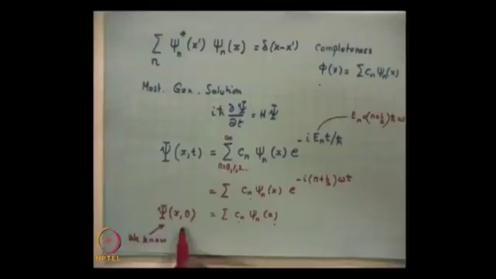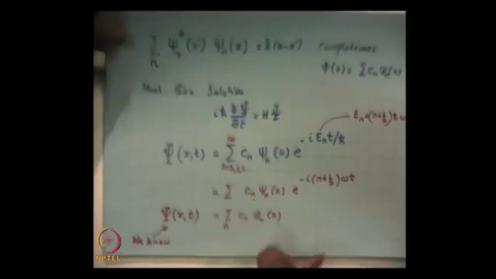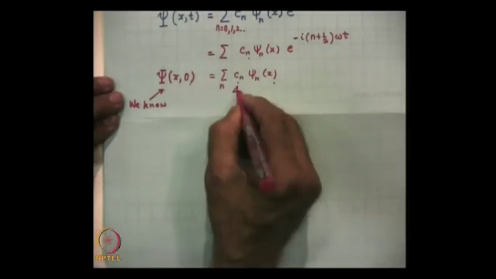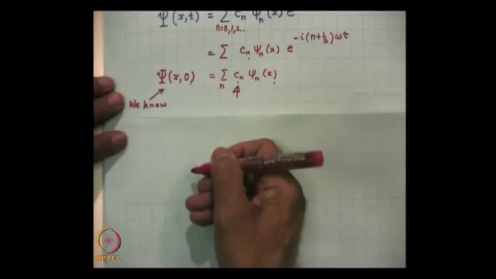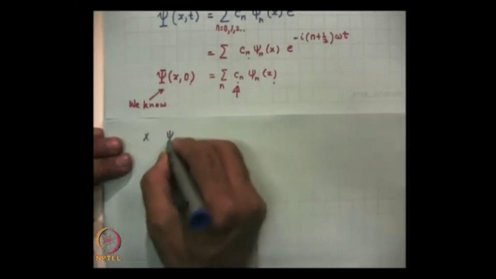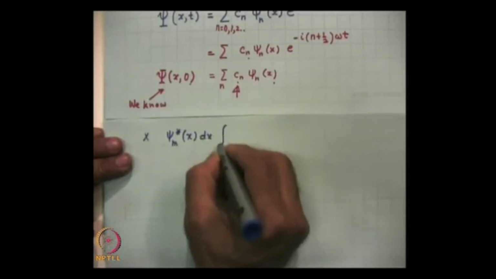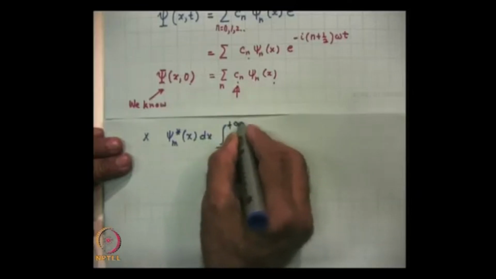So, I come back to this equation, and I am sure all of you know this. Let me write this. Psi of x comma 0 is so much. So, how do I find C n? I am sure you know this, we have done this before. I multiply both sides by psi m star of x dx and carry out the integration from minus infinity to plus infinity.